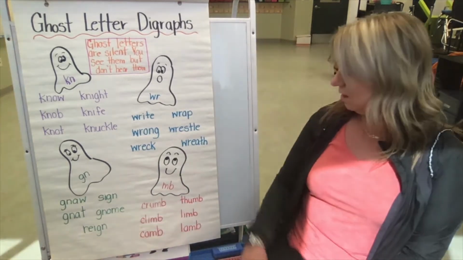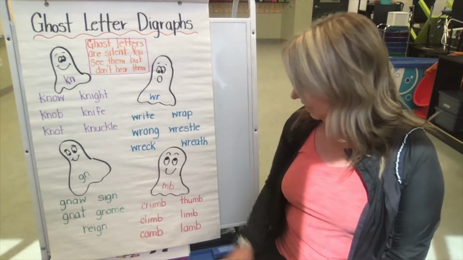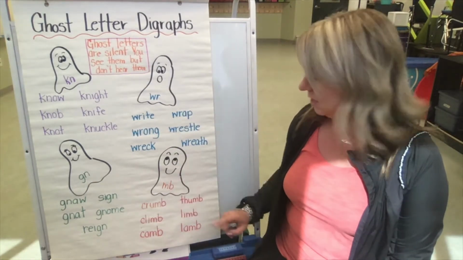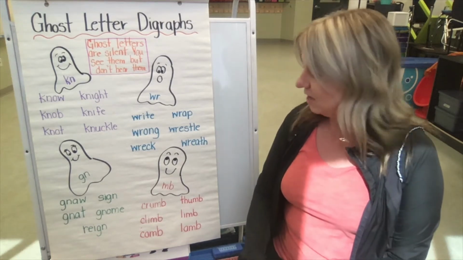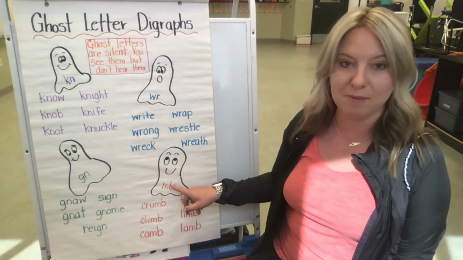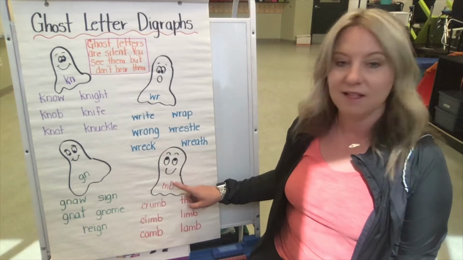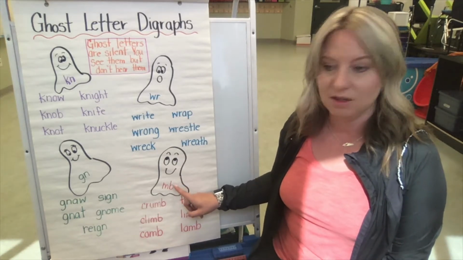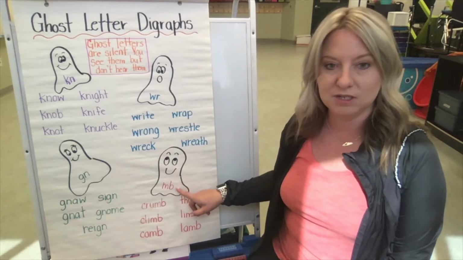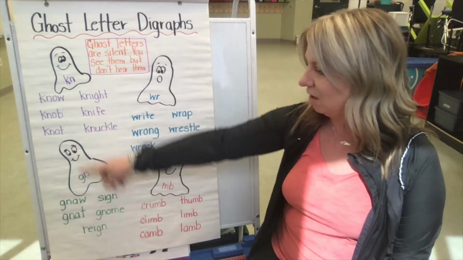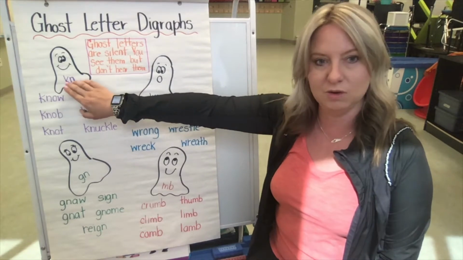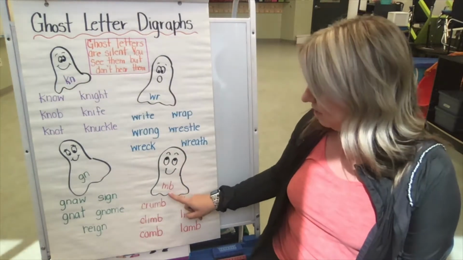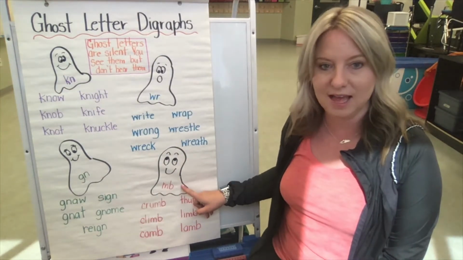Okay? And the last one I have is MB. MB we usually find at the end of a word. And this is kind of backwards because in MB, the ghost letter is actually the B. We hear the M, but we don't hear the B. So it actually doesn't follow the same rules as these other ghosts because with these other ghosts, we don't hear the first letter. But for MB, we actually don't hear the second letter.